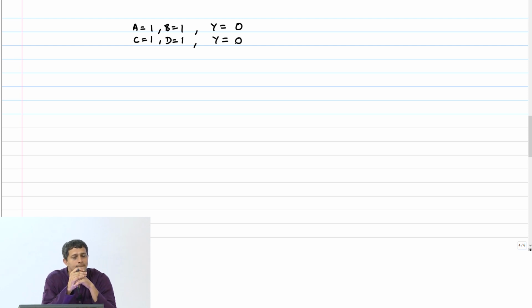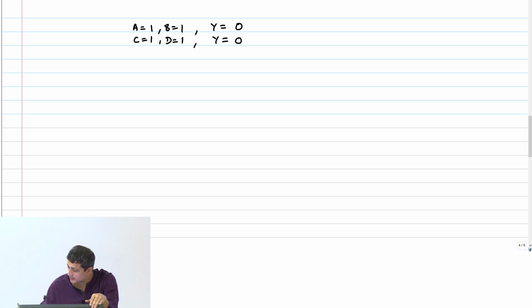What happens in the other cases? In the other 14 combinations, what will the output Y be? Essentially what is happening is when any of these pull down paths turn on, the output is pulled low and it is held low.